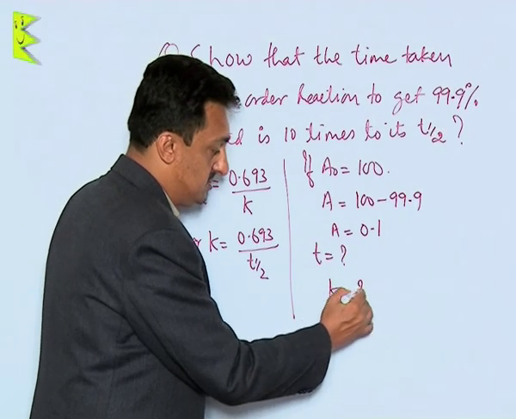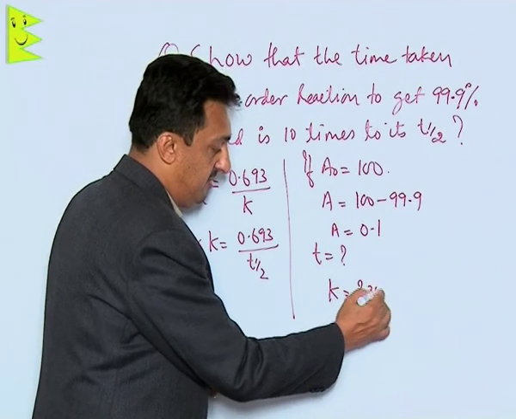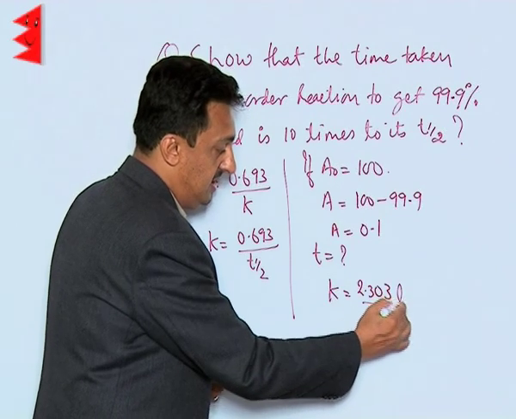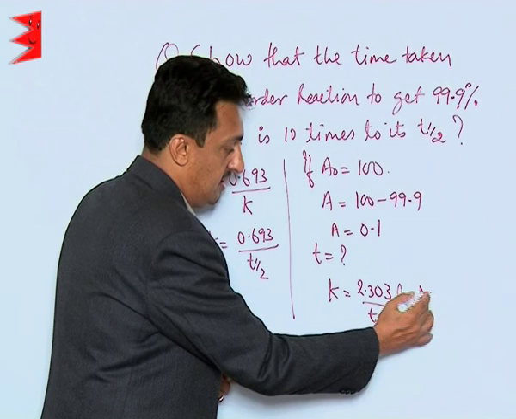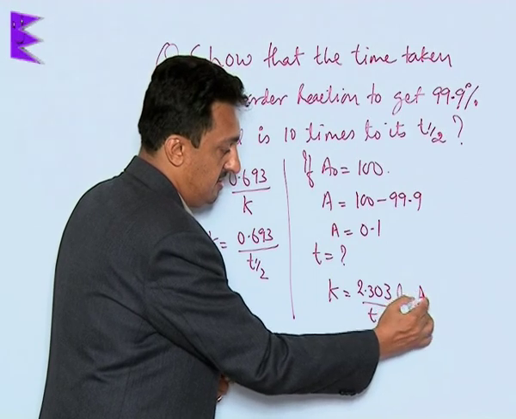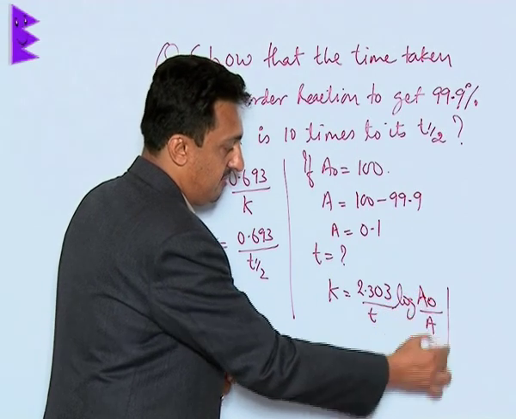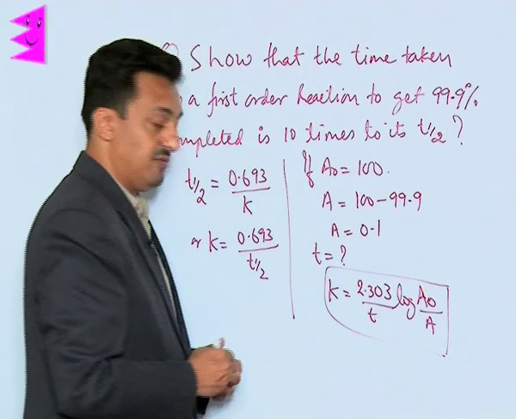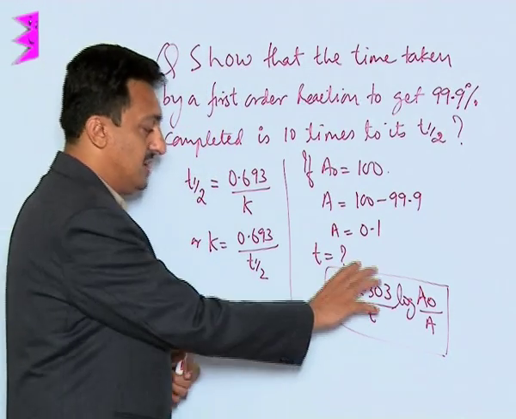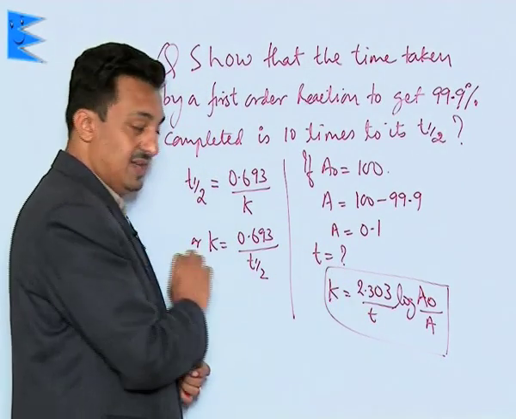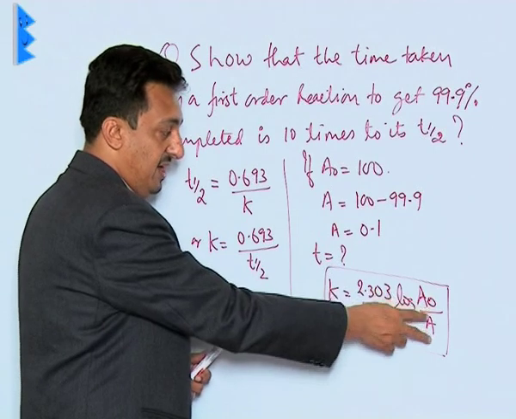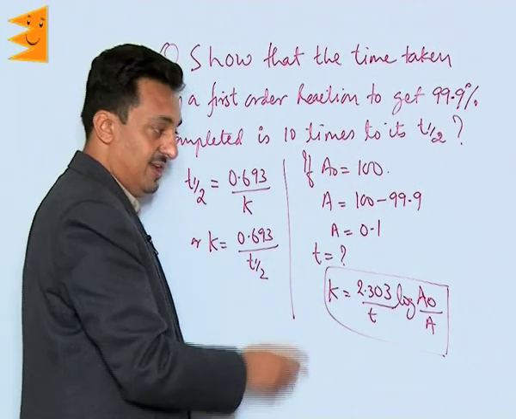We know the equation K is equal to 2.303 upon t log a naught upon a. Now this equation and this K can be equated, and we can put the values of a naught and a so that we can find out this t.